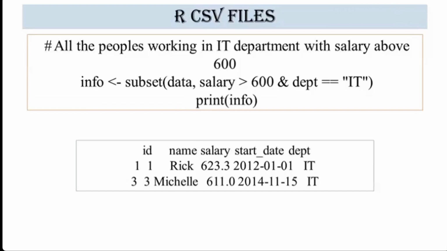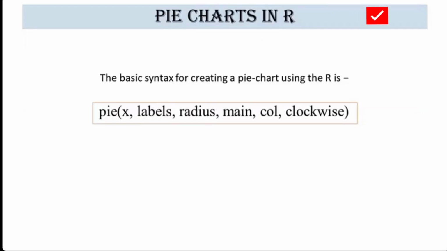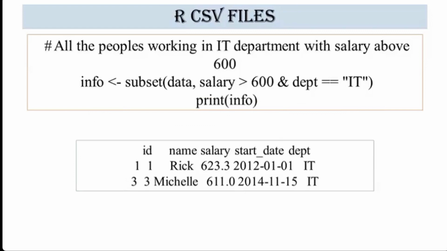It will search for the IT department and check for employees having a salary more than 600, and likewise it will show that Rick and Michelle have a salary more than 600 and belong to the IT department. So that is about the things which we can try with R.